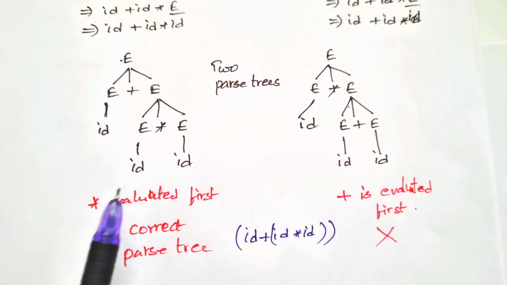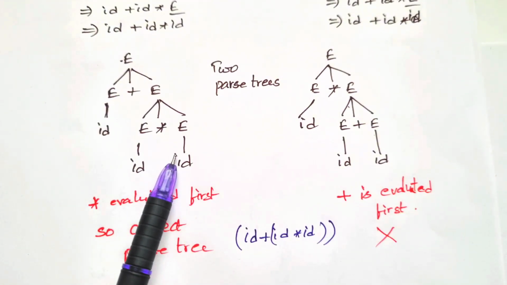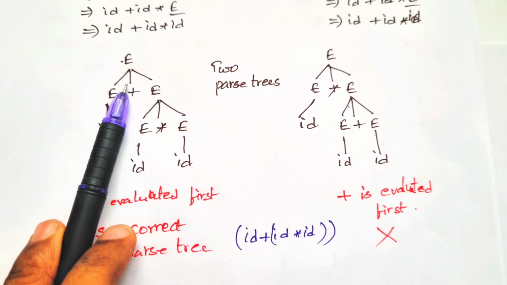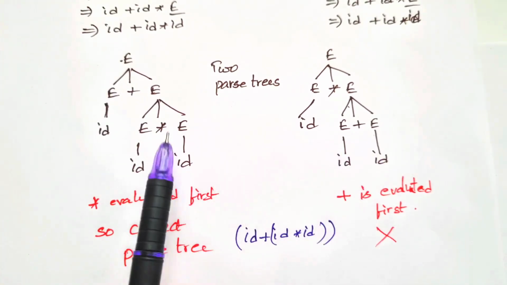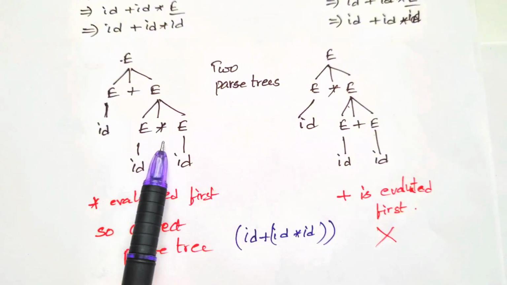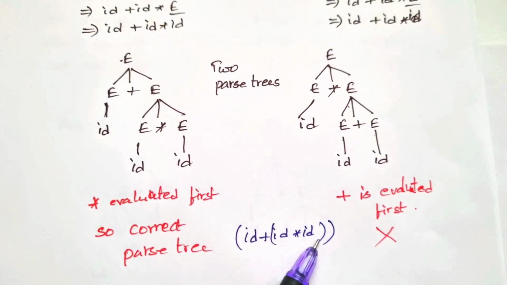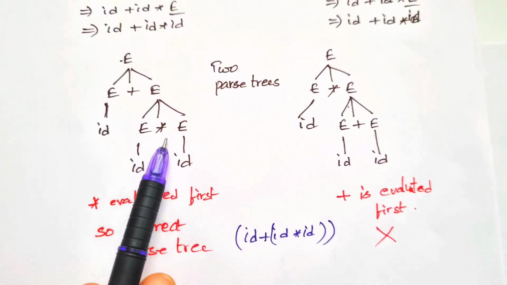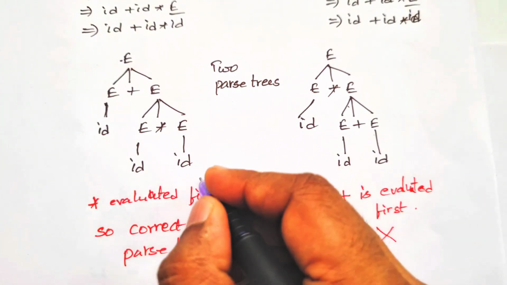Whatever operator is at the lower level will be evaluated first, and the next operator will be evaluated next. In these two parse trees, as star must be evaluated first, it must be at the lower level. Here it is at a higher level. That's why this parse tree is correct.